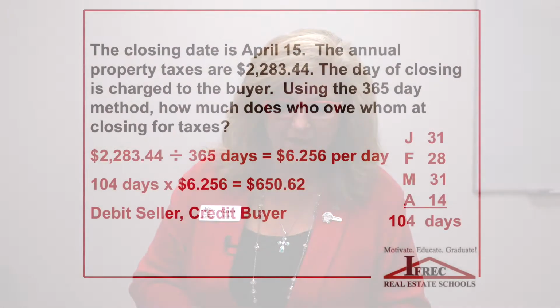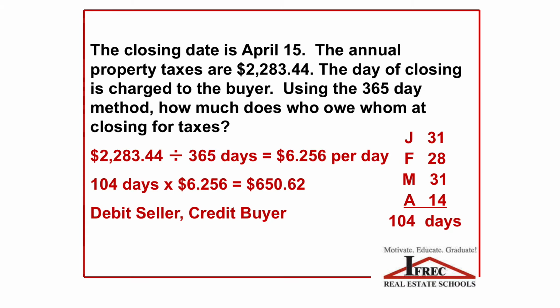In prorations, we're working to get a daily rate of what we're prorating. So we take the annual property taxes of $2,283.44 divided by 365 days in a year, and the daily tax is $6.256. Don't round at that point.